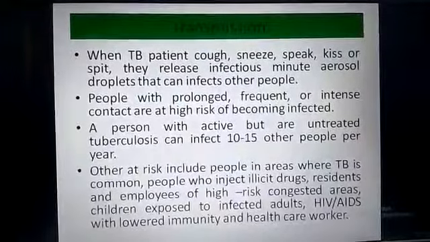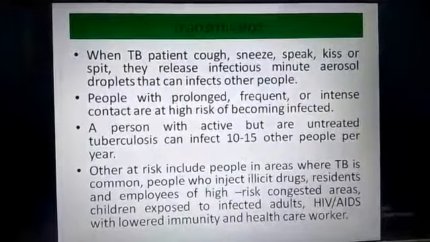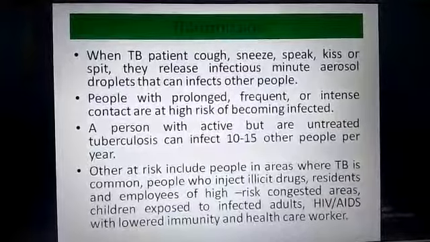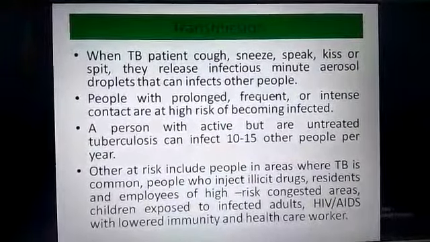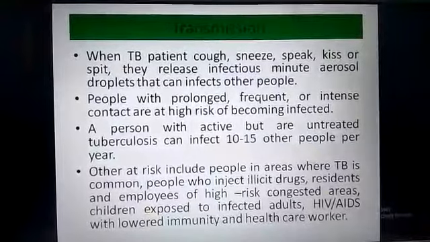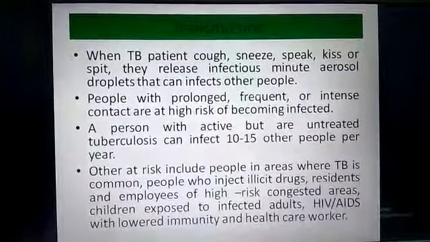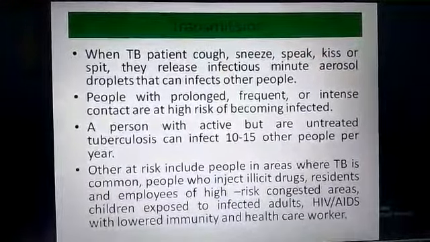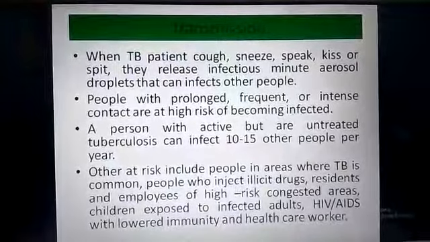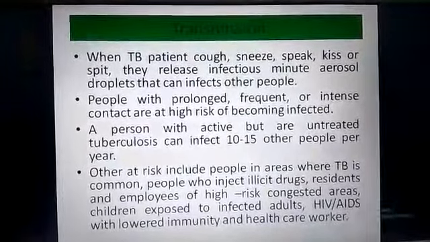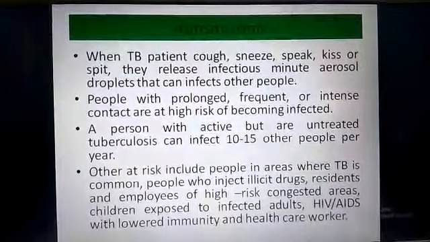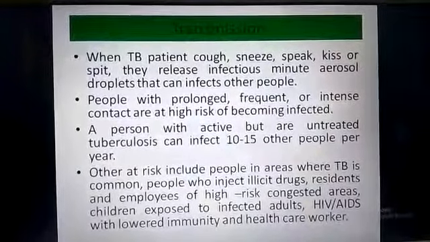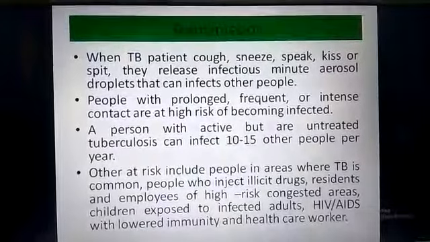Now let us go to transmission. When a TB patient coughs, sneezes, speaks, kisses or spits, they release infectious minute aerosol droplets, and when these droplets come in contact with other people, they can cause tuberculosis. People with prolonged, frequent or intense contact are at high risk of becoming infected.